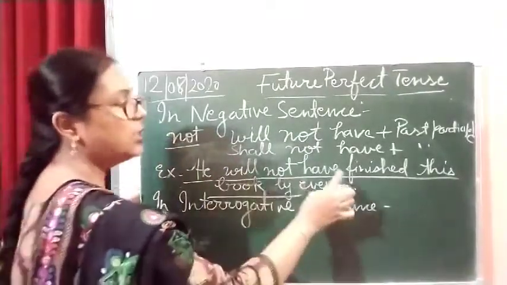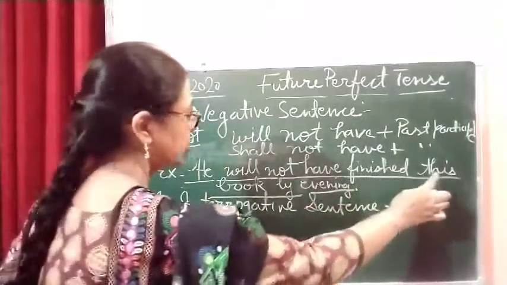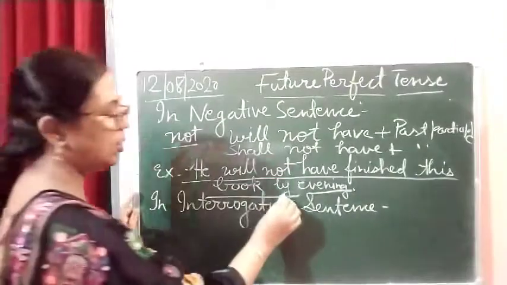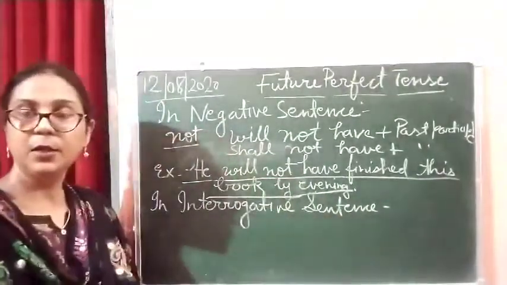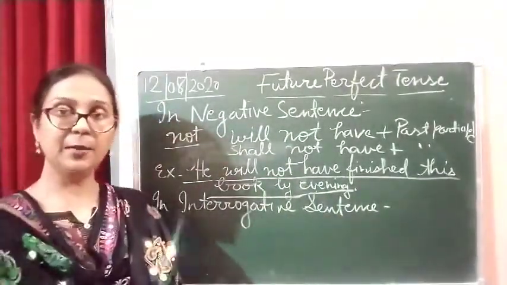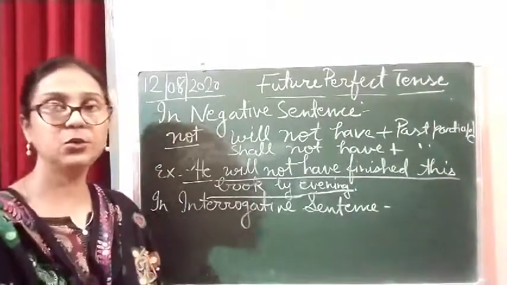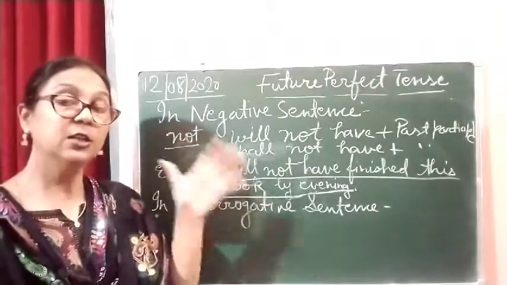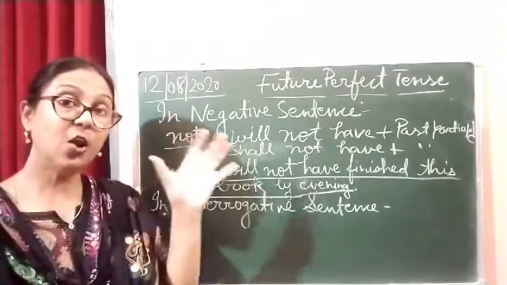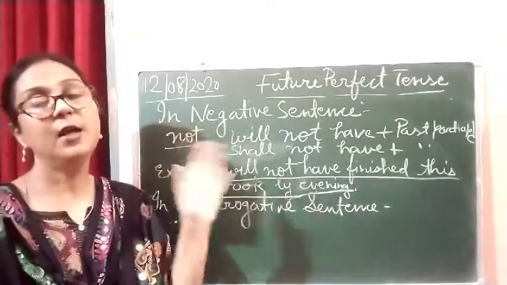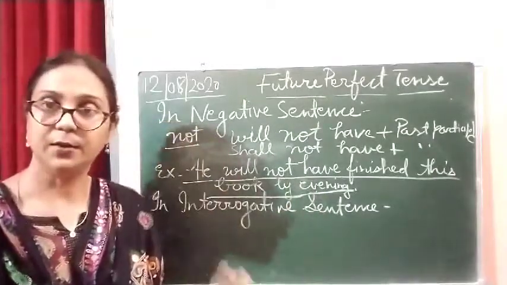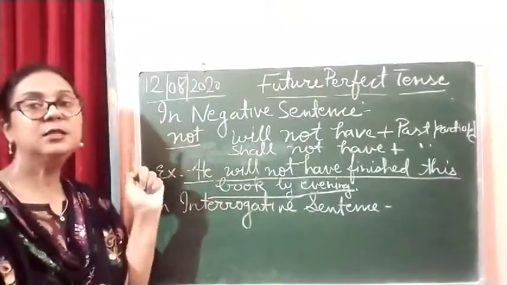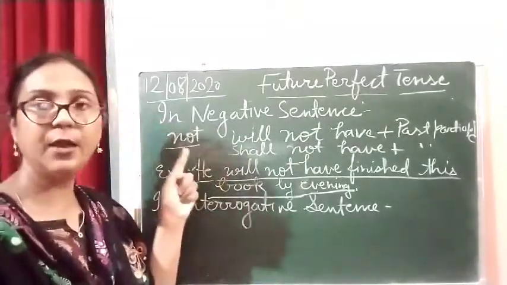He will not have finished this book by evening. The time is also mentioned over here. So we have to always keep this in mind and practice it: shall not have, will not have, and then the past participle, to make negative sentences in future perfect tense.